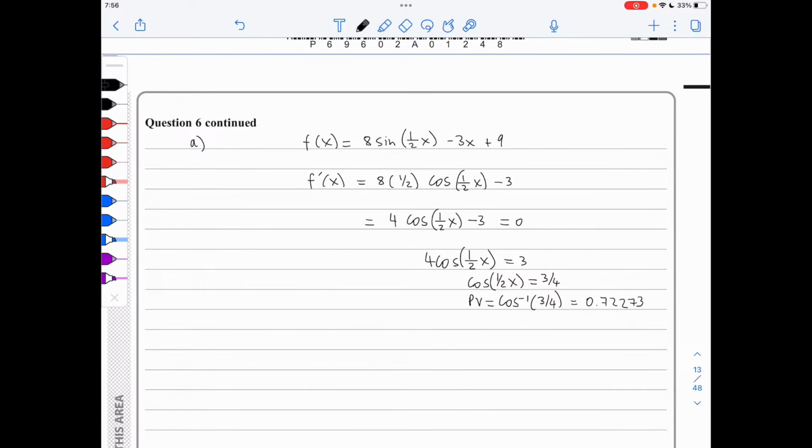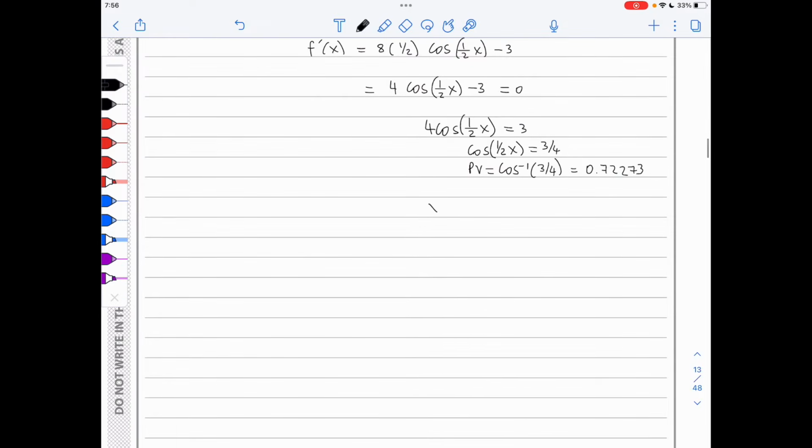0.72273, and therefore we get that x over 2 is plus or minus my principal value of 0.72273 plus 2 pi k.